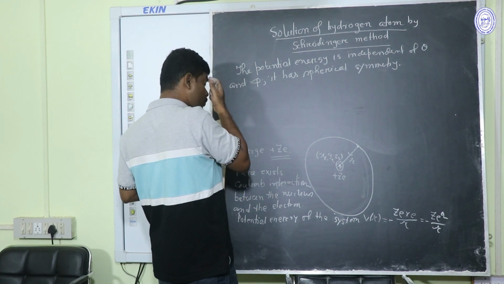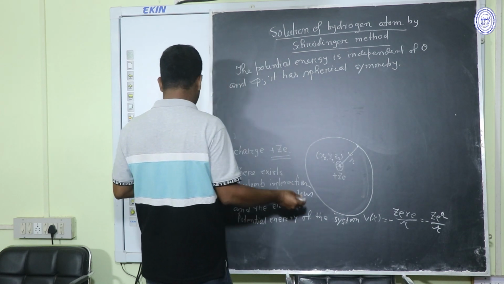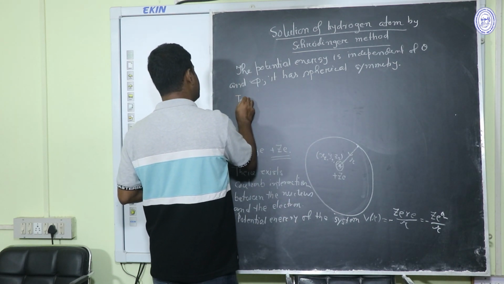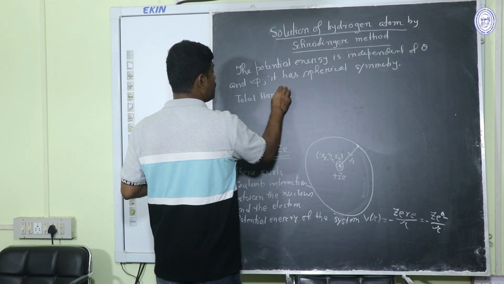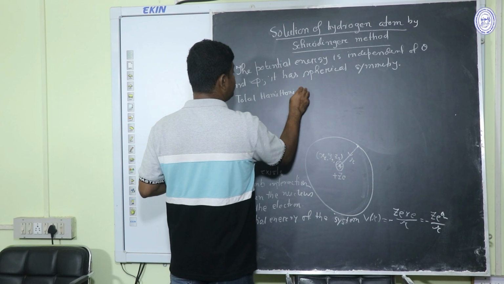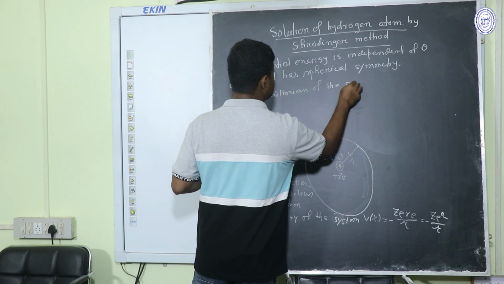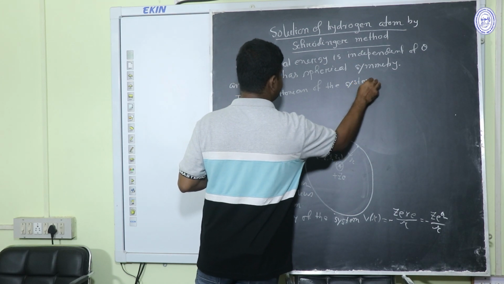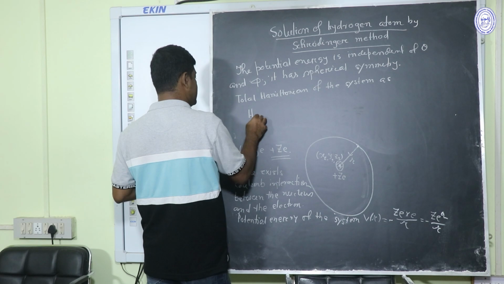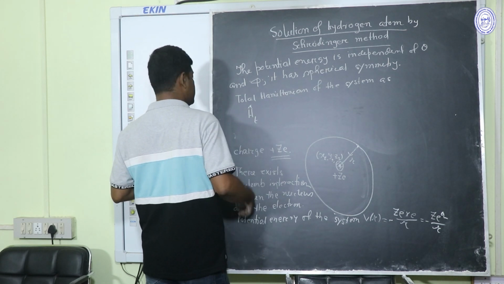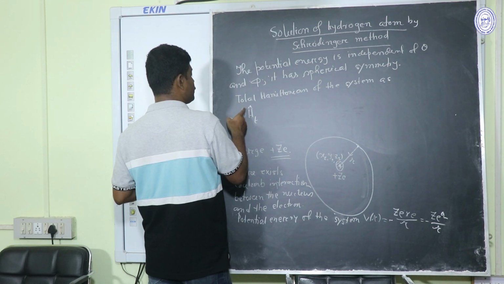So, for this two particle system, one is the electron and the other is the nucleus, we can write the total Hamiltonian of the system as H_T, T for total Hamiltonian of the system, and this hat symbol is for operator.